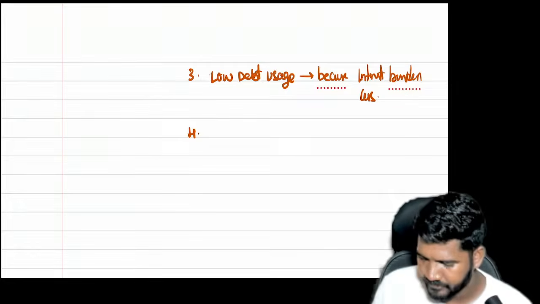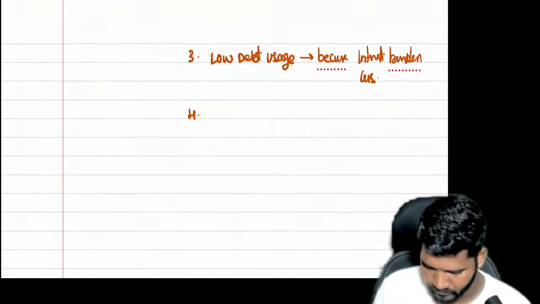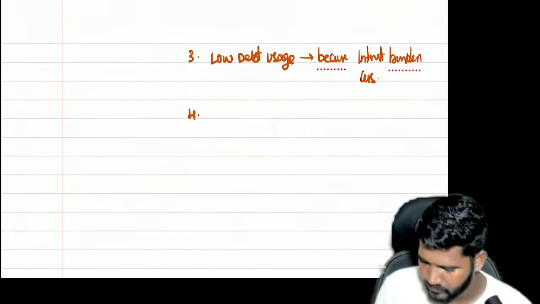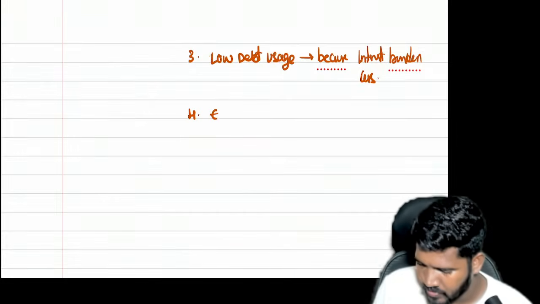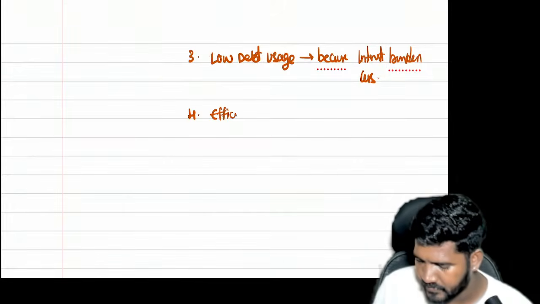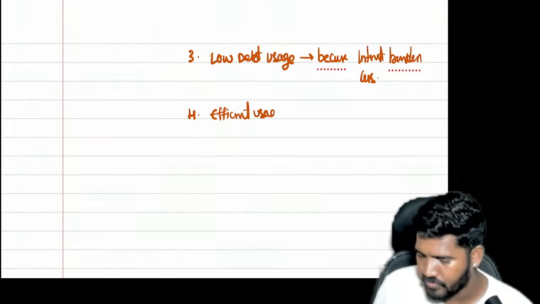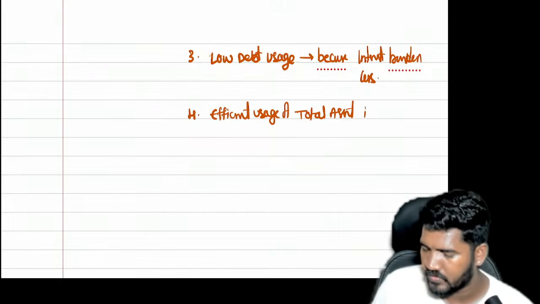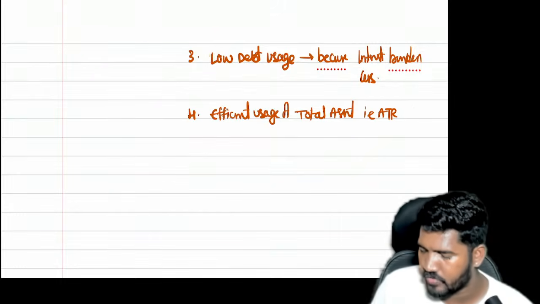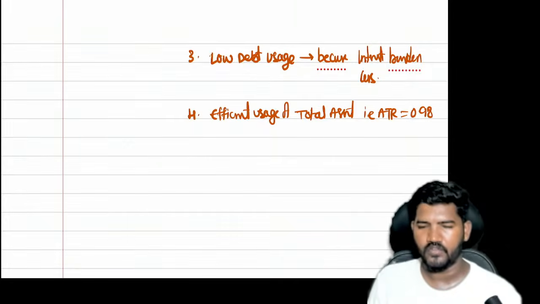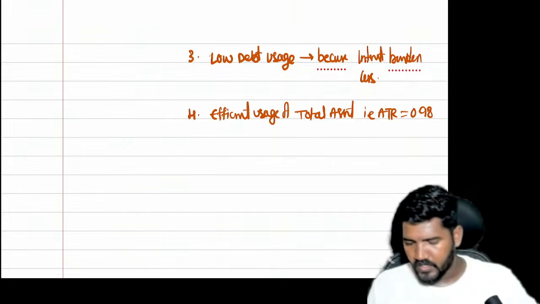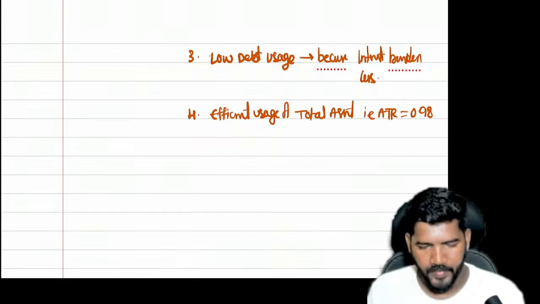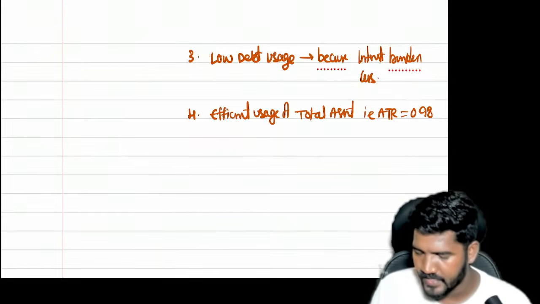Fourth point, efficient usage of total assets, that is, asset turnover ratio equals 0.98. For every 1 rupee you invest, you are generating nearly 1 rupee. That's why it is efficient usage of total assets.